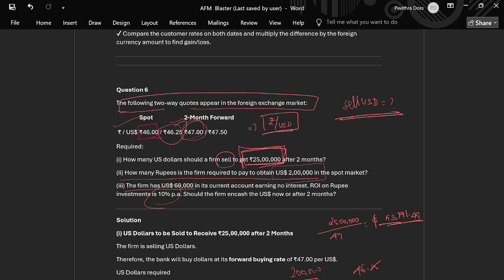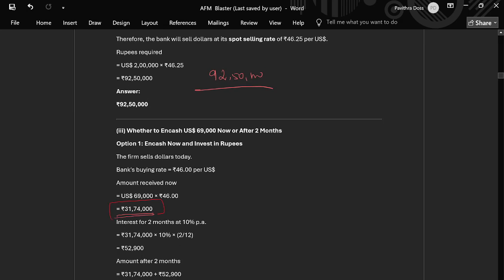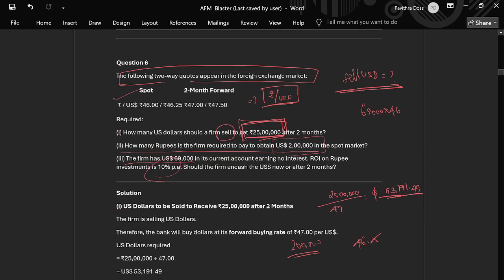Sell means we'll take the lowest rate, which is 46. So 69,000 into 46 is 31 lakh 74,000, which is what we will receive if we sell USD in the spot. Clear? Now, whether to encash it now or later.